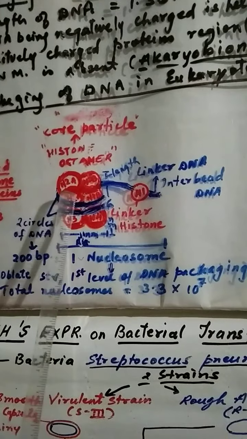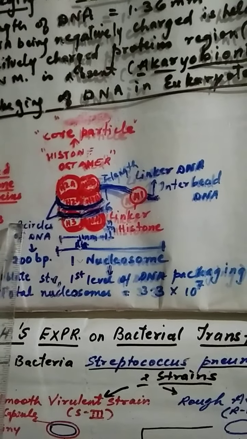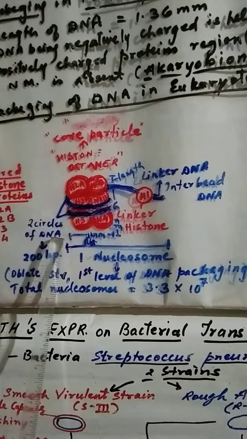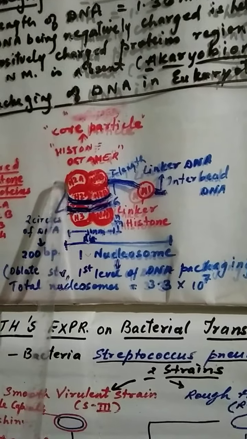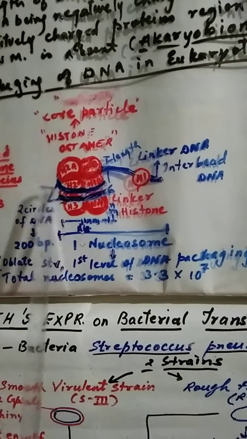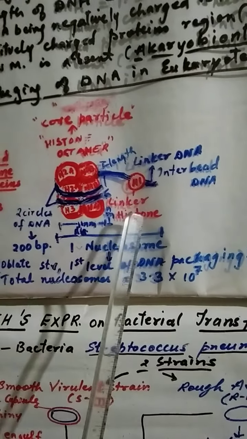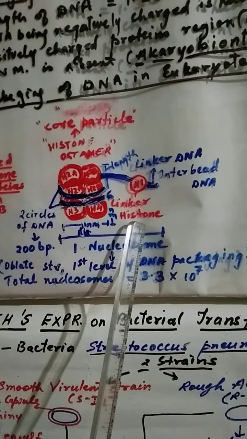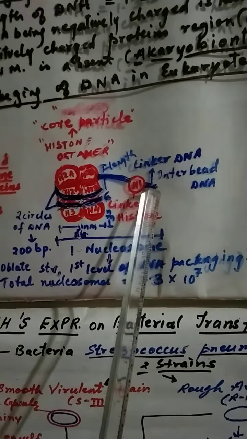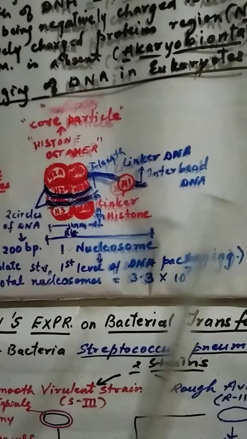This core particle is surrounded by 2 circles of DNA. This blue color, you can see there are 2 circles of DNA. It is coming out and joining one linker histone protein, and then this is joined by another nucleosome.